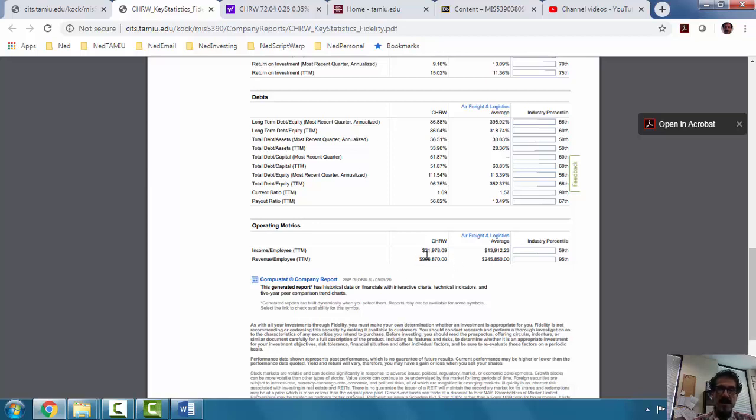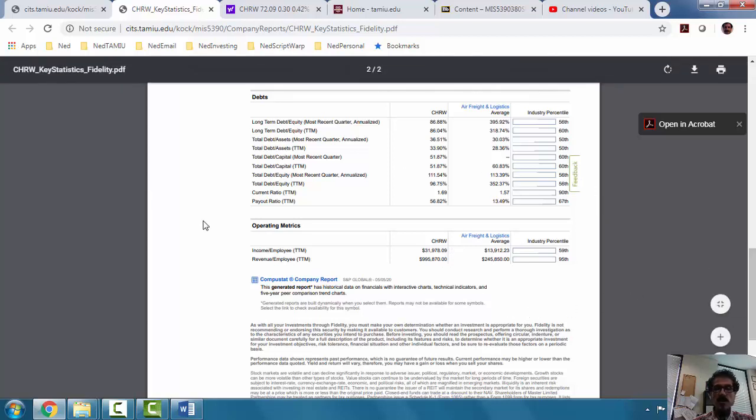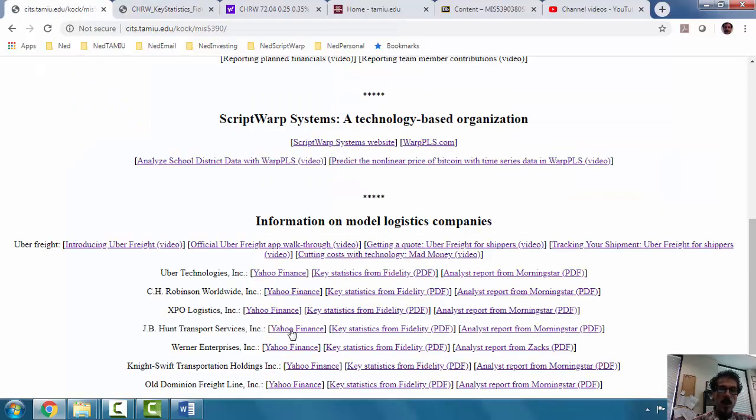Now this tends to be high for Sage Robinson because they don't own trucks. A company that owns trucks typically will have a lower number for that. So let's take JB Hunt.